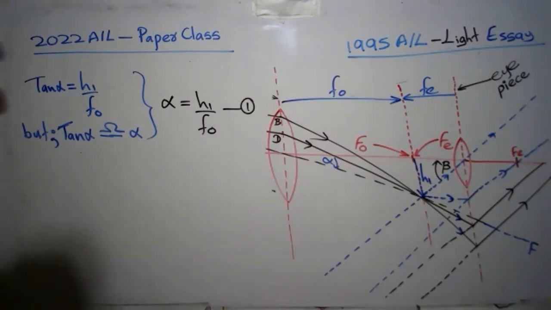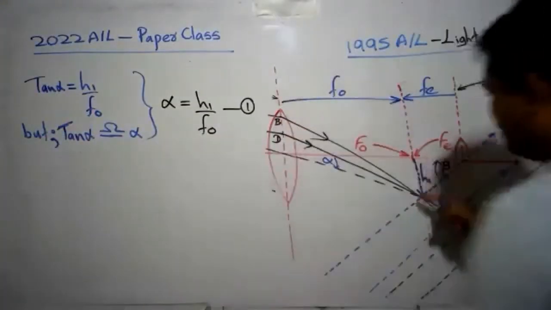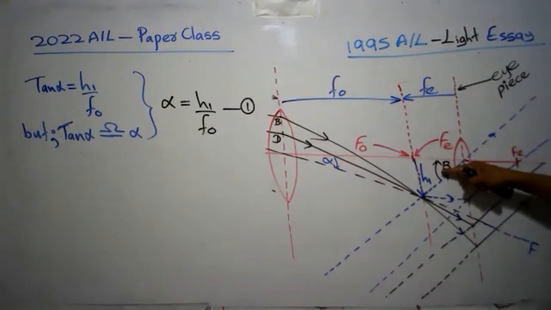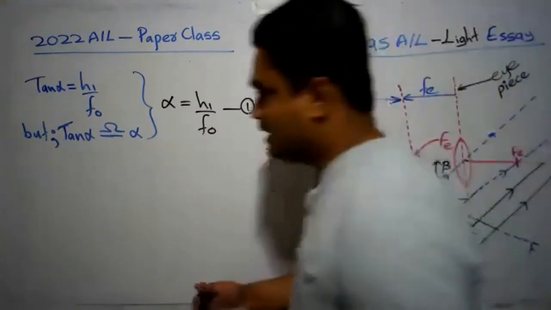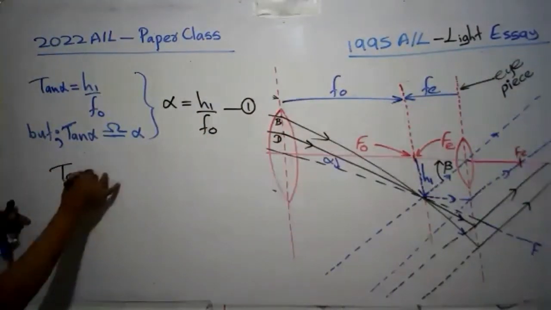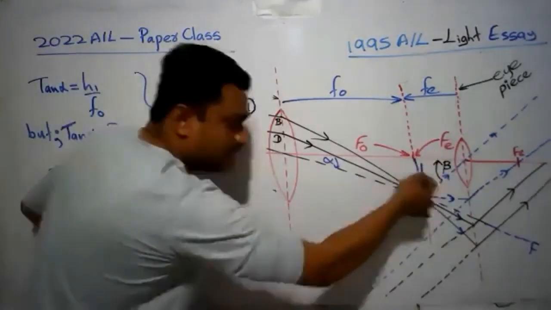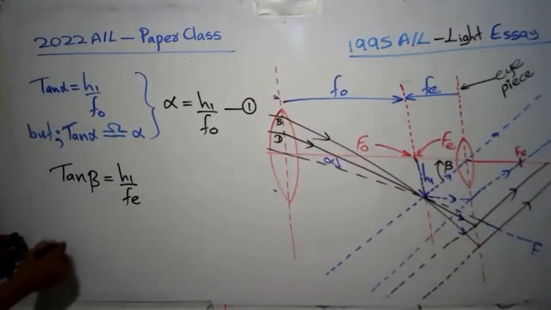Similarly, I'm going to write tan beta. If you consider the angle beta, H1 is the opposite side, FE is the adjacent side. So tan beta equals opposite side divided by adjacent side, so H1 over FE. By looking at the small triangle, tan beta equals opposite side H1 divided by adjacent side FE.